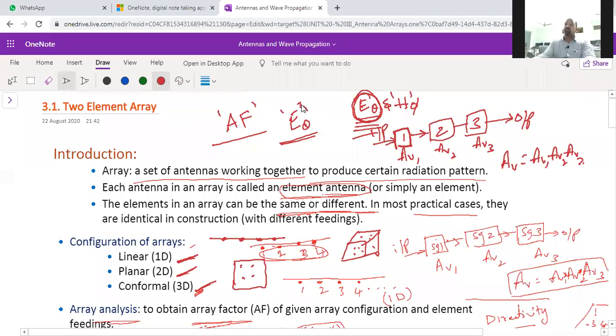So we will derive the theta component of the electric field in the antenna array, which is called the array factor. Once we know the array factor, we can draw the radiation pattern very easily. That is what we are going to do in our coming classes. So with this I will close.